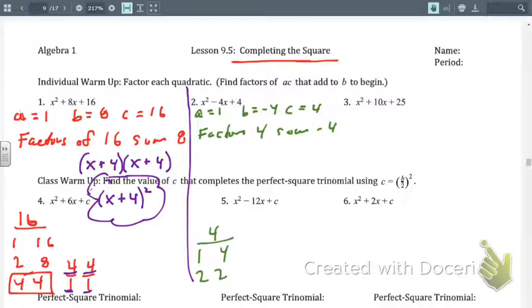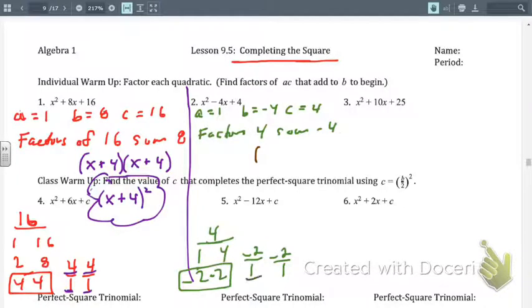So what we're going to have to do is make both of them negative. So if I make the 2 negative and this 2 negative, notice when you multiply them together you get positive 4, but when you add them together you get negative 4. So here's our combination. We're going to write each of those over our a, which is 1, and then put it in factored form.